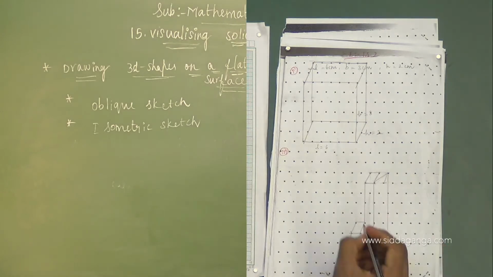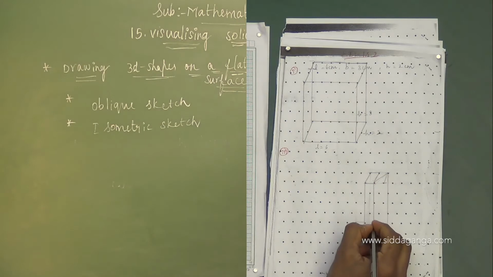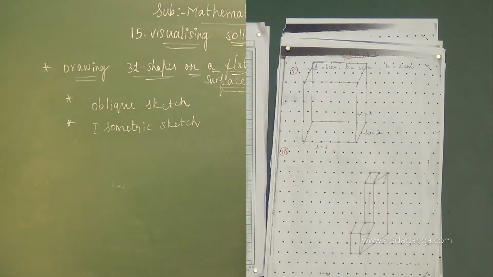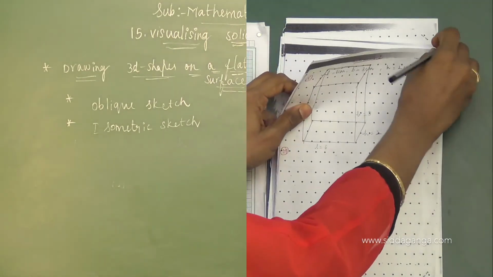So here, this is the isometric sketch for the given oblique sketch. And then next question.